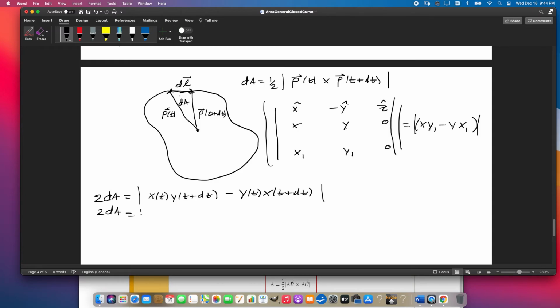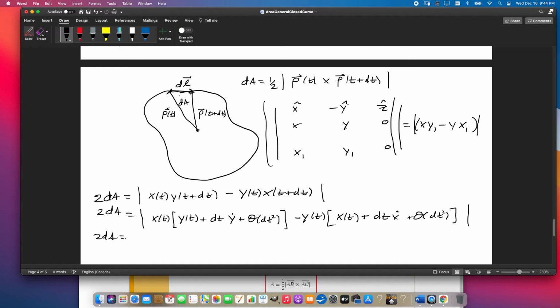But I do want to write these in terms of the derivatives. So I'm going to have x of t times y of t plus dt times y dot, plus terms on the order of dt squared, minus y of t times x of t plus dt x dot, plus terms on the order of dt squared, absolute value.